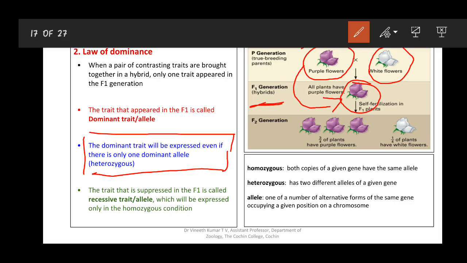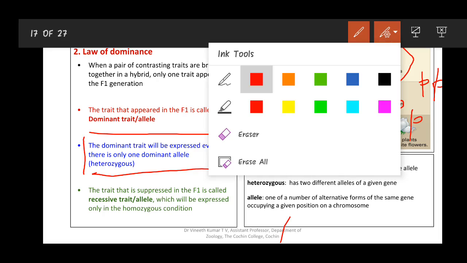So if I take an example, this one is dominant, so I am marking it as capital P, and this one as small p. When the F1 is formed, it is a hybrid, capital P and small p. Here you can see that two different genotypes express the same phenotype.